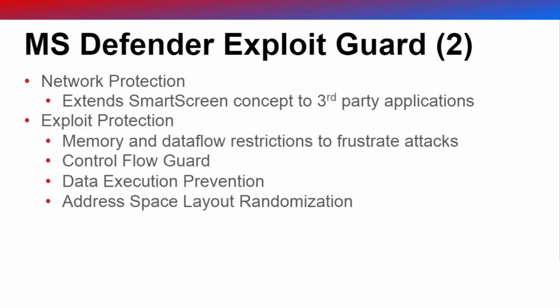Control Flow Guard, you may have seen some of these things. Data Execution Prevention, DEP, and ASLR is a technique for mixing it up so that certain code and data areas are stored in different addresses instead of at the same place all the time. To the extent that programs and data always use the same locations in memory, that makes them more hackable, more attackable, right?